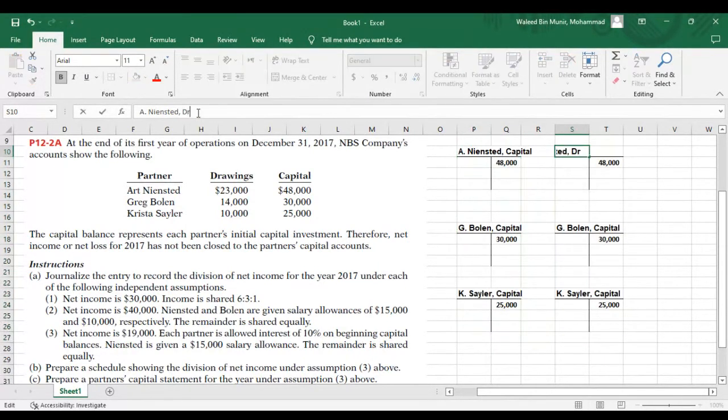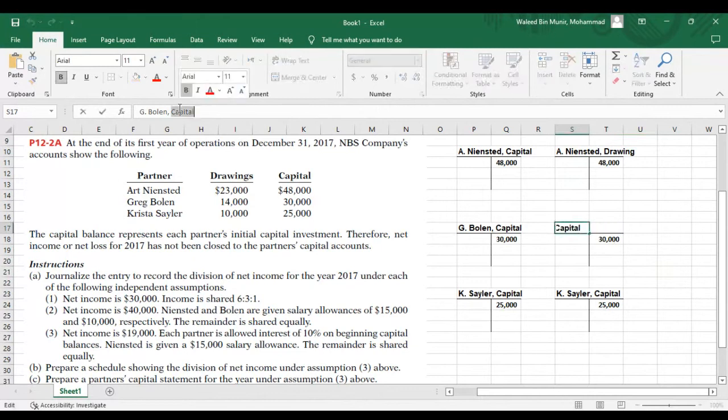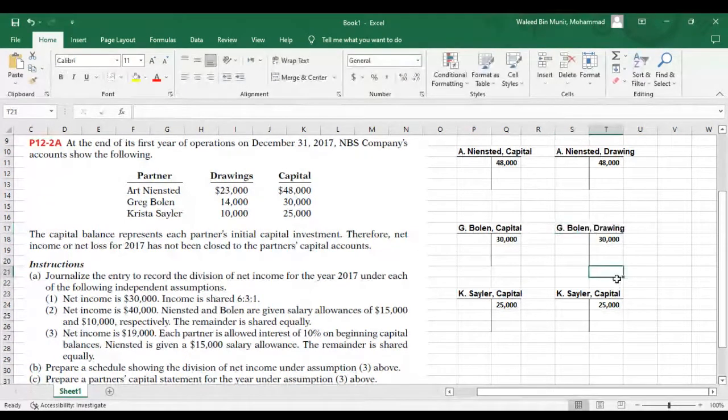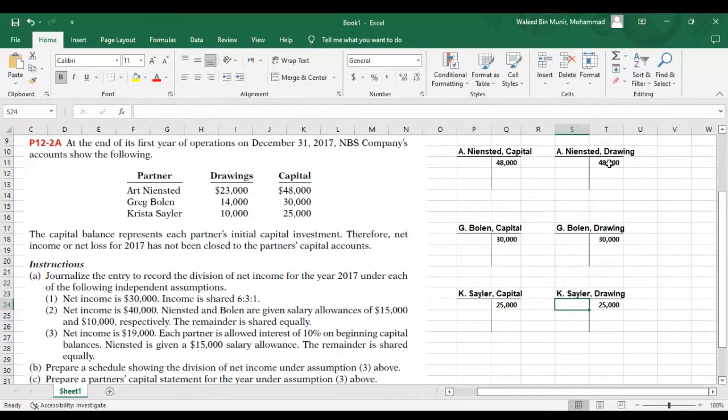These are two different accounts with different balances, right? The drawing account always has a debit balance.